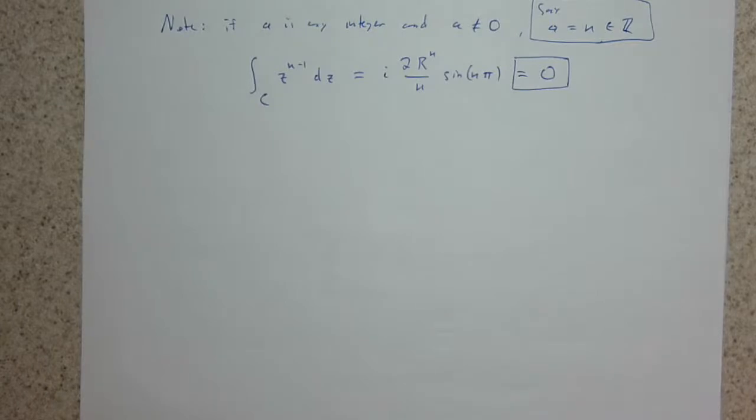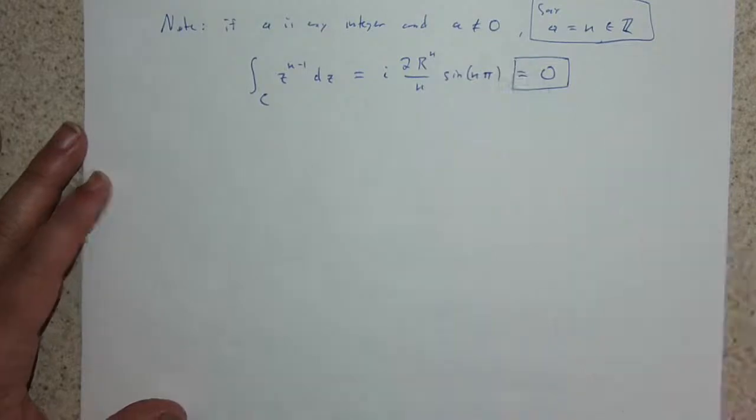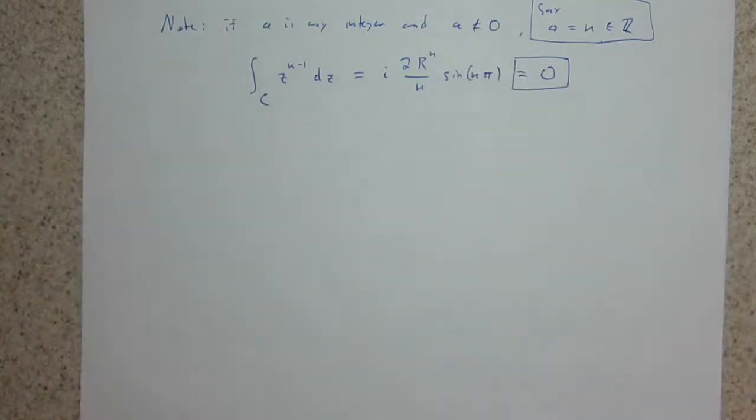Okay, so even though this circle, this closed contour, crossed a branch cut for my integrand function, this thing is still 0 on this closed contour. And of course, it didn't actually matter what the radius was.